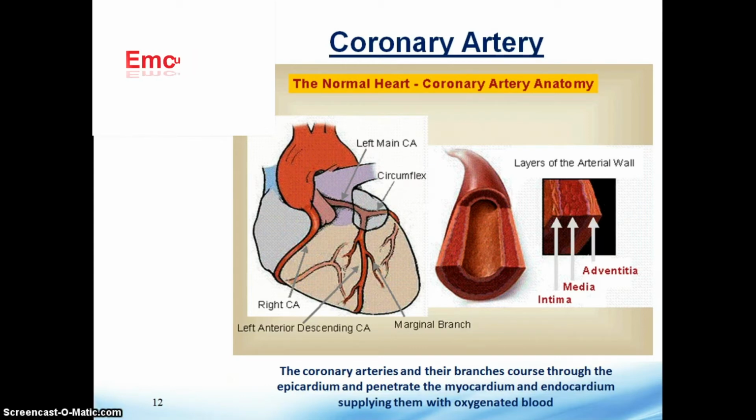Now the right coronary artery, again I'll repeat, divides into 2 branches, the marginal branch and the posterior interventricular branch.